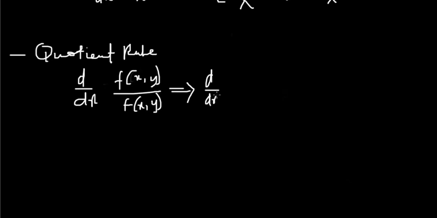In this formula, let's say we have f of x divided by another function of x. It depends on how the question will come. Now let me show you how to smartly solve this kind of quotient rule.